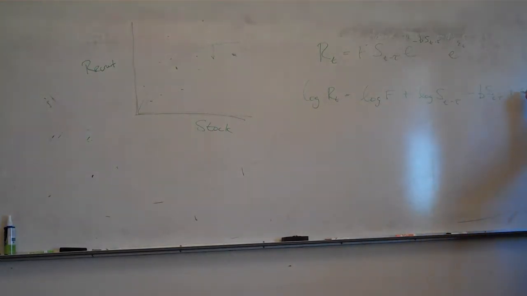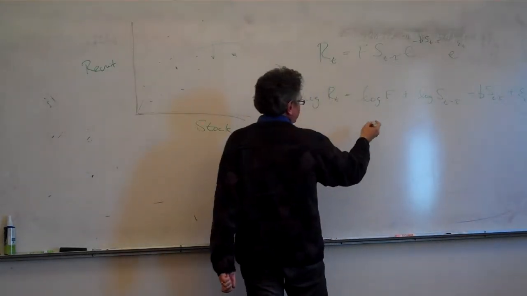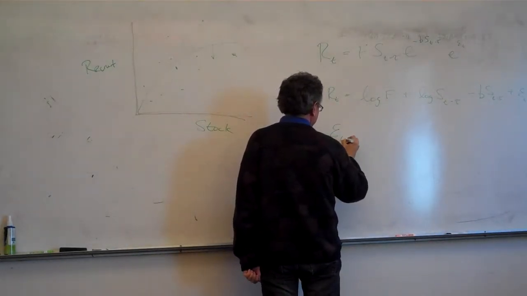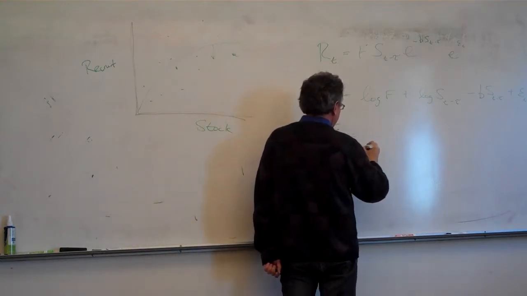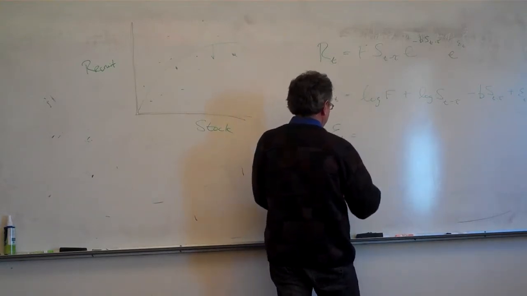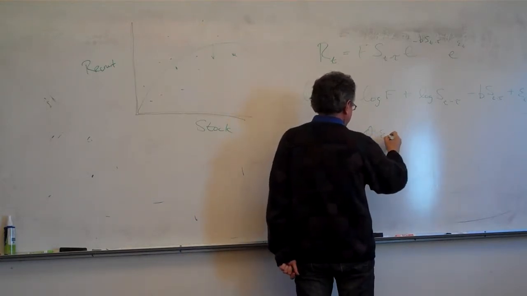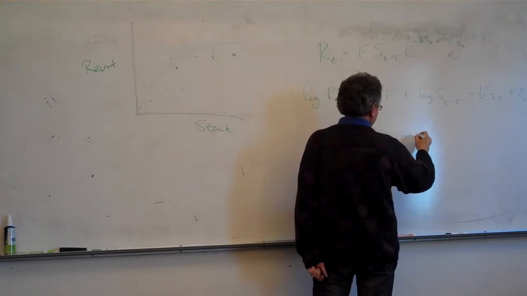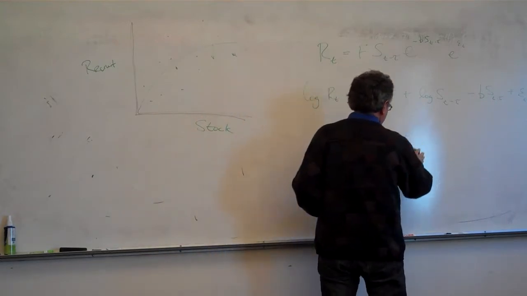But what we're interested in now is this residual, and so to go from ordinary least squares to generalized least squares, we can add in a model for the residuals, right? We can say that the residual at time t is, say, b times the residual at time t minus 1 plus, let's say, gamma.